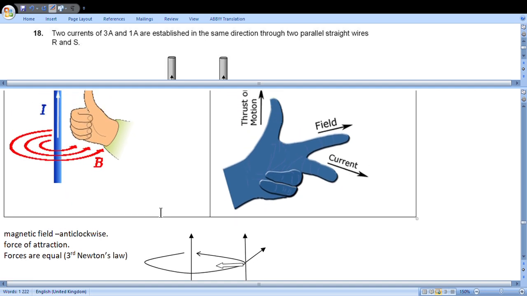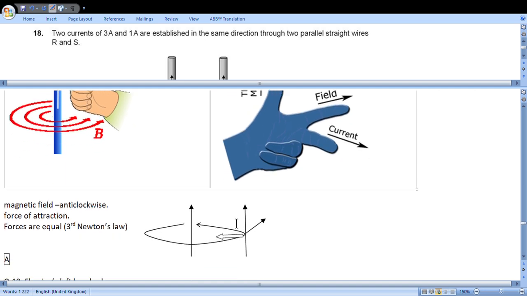Using these two rules, we see that, for example, the circular magnetic field created by the left wire current is anticlockwise. It means that the magnetic field is into the paper, and Fleming's left-hand rule gives us attraction. According to Newton's third law, the same force acts on the left current from the first current.